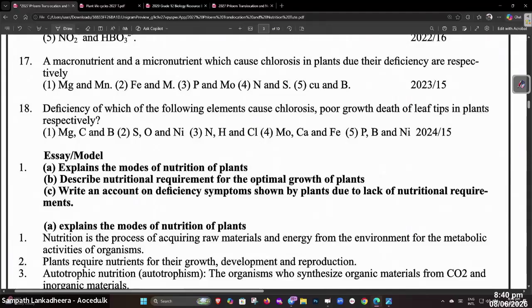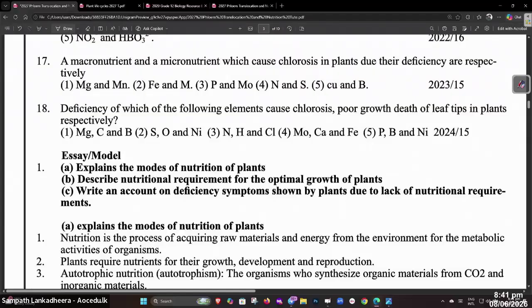Magnesium causes chlorosis in leaves, and manganese causes chlorosis between veins in young leaves. So we will take the answer as the first one.